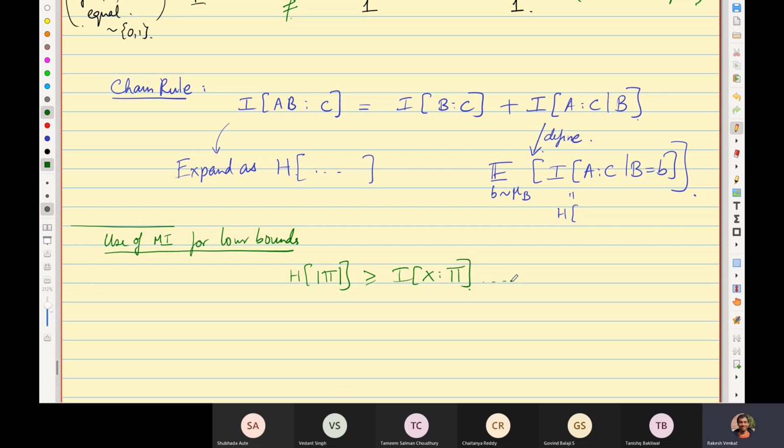Okay, and this is what we tried to bound. So the information cost, in some sense, was characterized by this. And what we knew was that the communication complexity is greater than or equal to this information cost, and it gave us a good way to get the bound on what we need.